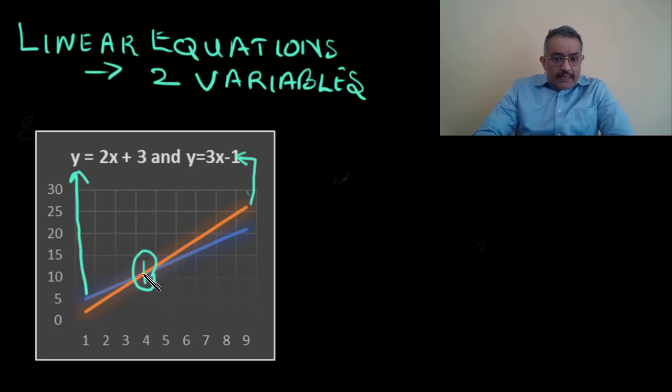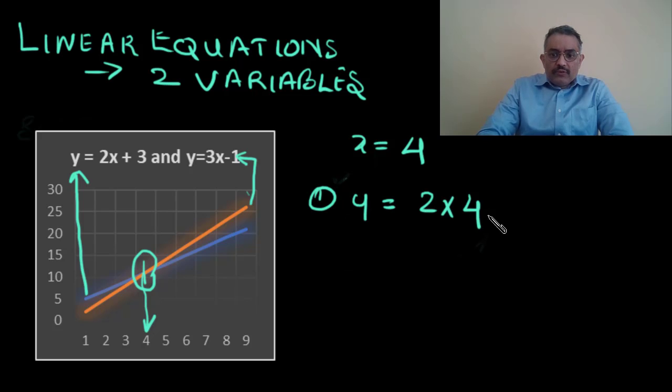Now we can see that this point belongs to the value 4 right here, and let's try that 4 in both those equations. All right, so let's say x is equal to 4. Then in the first equation we get y is equal to 2 times 4 plus 3, which is 8 plus 3 equal to 11.